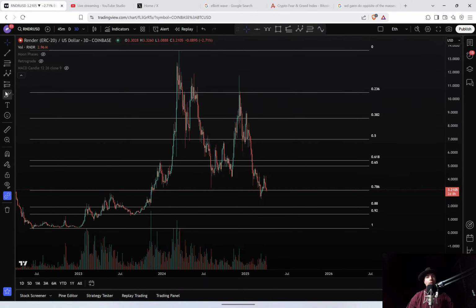This is a very common place for the market to see a reversal. That's exactly the level that we tested here with Render. We went all the way down to almost the 786 right here, then came all the way up to the 236, and then all the way back down to the 786.